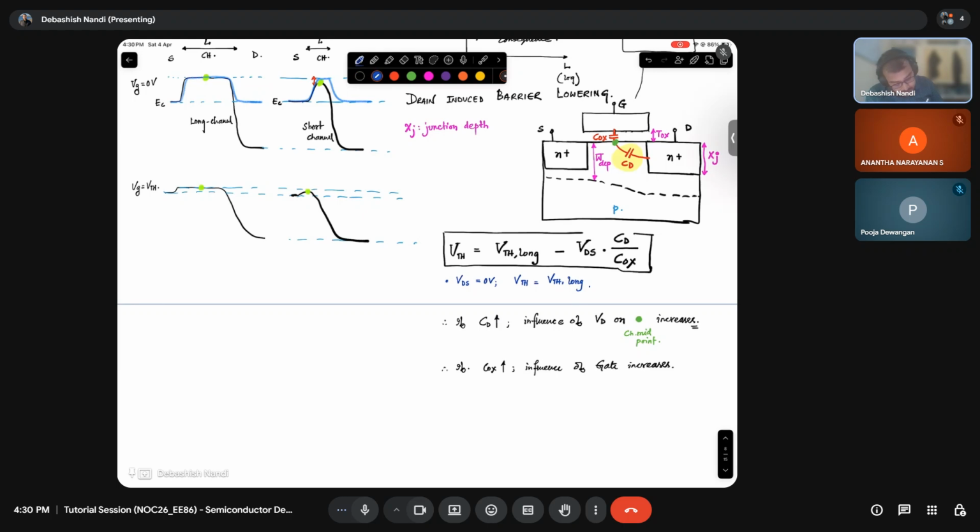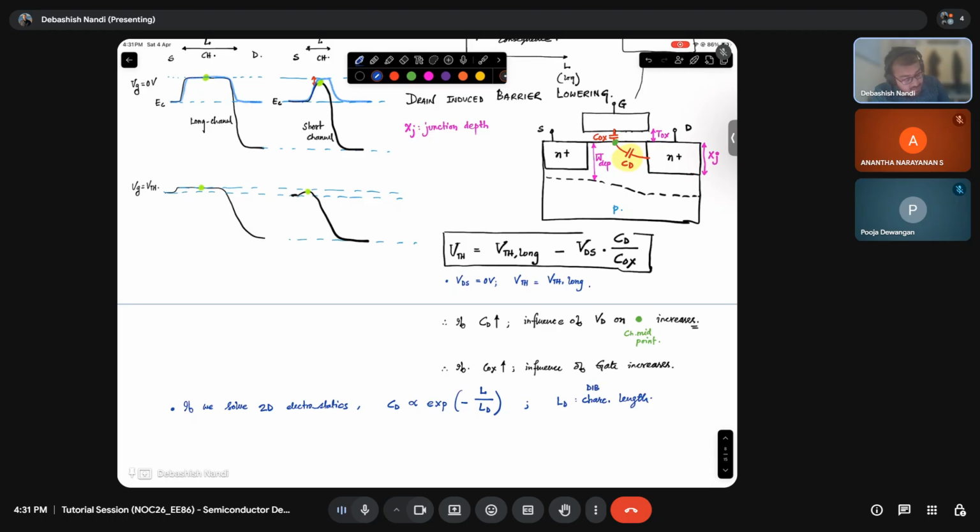So if we solve two-dimensional electrostatics, CD has an exponential dependence on channel length, and LD is some characteristic length.